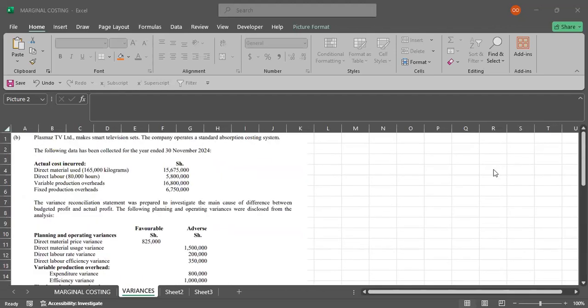So I want to handle a question under the concept of what we call variances. When we are doing variances, you normally deal with three things.